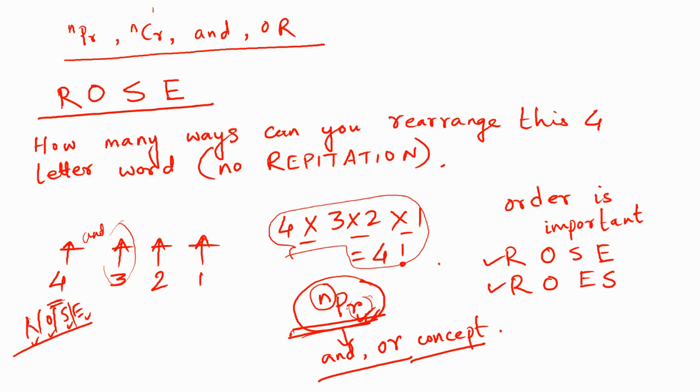In this case there are four spots, and from four letters you have to select four. How many ways can you do it when order is important? It should be 4P4. From the nPr formula, it is 4 factorial divided by (4 minus 4) factorial. 4 minus 4 is 0 factorial, but 0 factorial is 1.